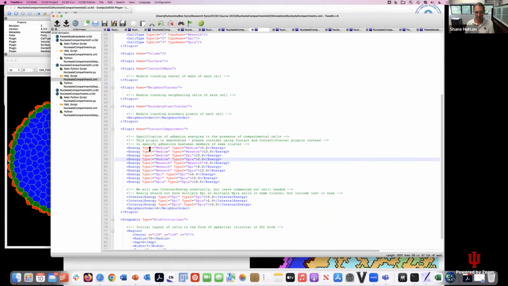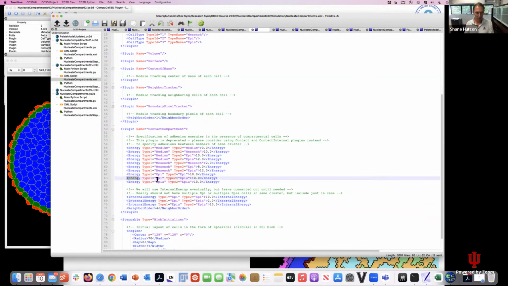But notice that the external energies are different from the internal contact energies, right? And so internally, it's really favorable for an epi cell to be in contact with its own epi2 compartment or epi-A compartment. Notice that that's much more favorable, right? Internally, epi-A is an energy cost of 2.